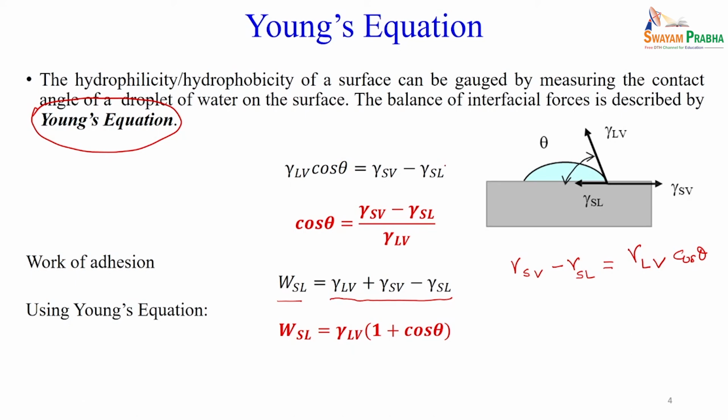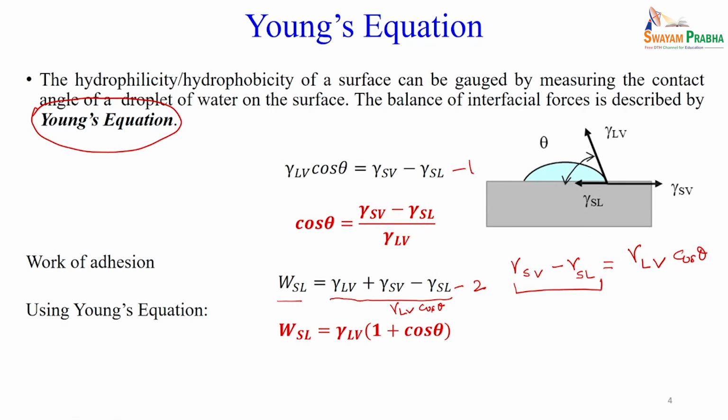If you equate these two expressions, we can write the work of adhesion equal to gamma LV, and in place of gamma SV minus gamma SL we can write gamma LV cos theta. So, it will be gamma LV times (1 plus cos theta).